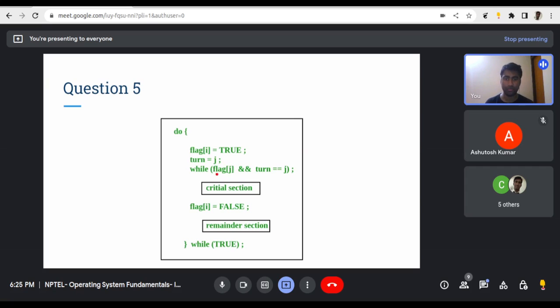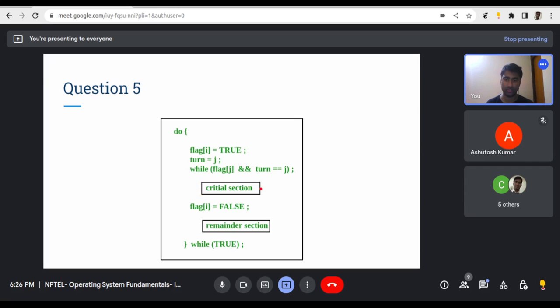Although the flag is raised by the process J, the turn is not J now, the turn is I. Remember, in process J the turn variable is set to I. So this condition is not satisfied, it does not need to wait, and it can get entry into the critical section.